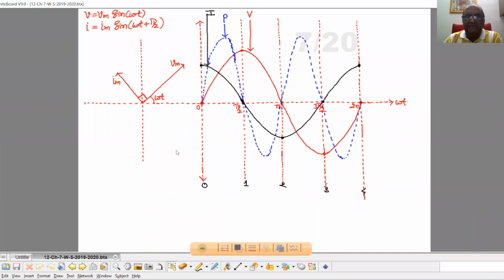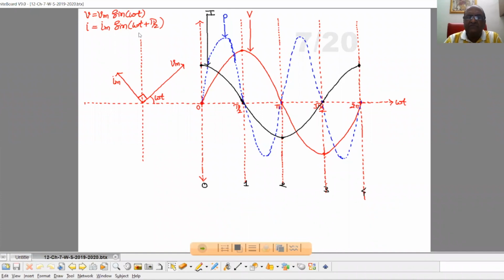Now here see, suppose we think about the graphs of voltage, current, power versus omega t. Then V equal to Vm sin omega t, so this red curve is the graph of voltage.